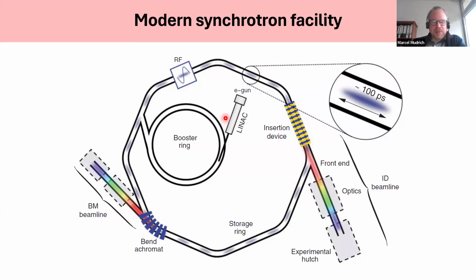And we talked about how this has to be done in several stages. There's a pre-acceleration stage like a LINAC, then there is a booster ring. The booster ring is an actual synchrotron. Remember that the name synchrotron indicates that it is some kind of device where something is synchronized.